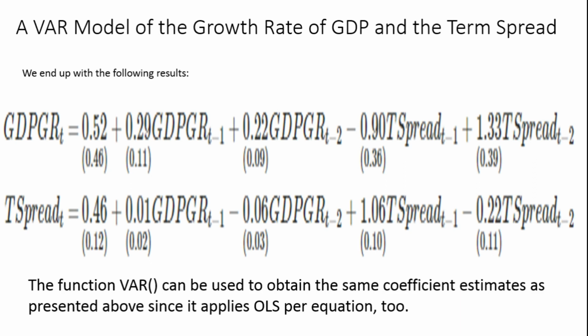The VAR function can be used to obtain the same coefficient estimates as presented above, since it applies ordinary least squares equation by equation. So this equation can be used in order to make prevision as well as simulation. So we can make simulation.